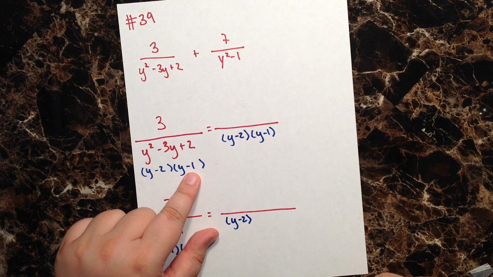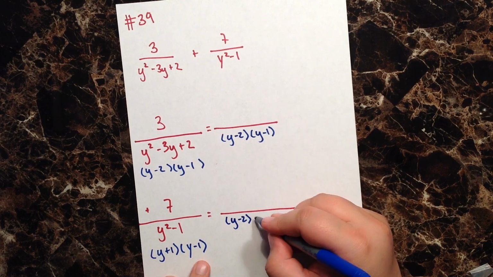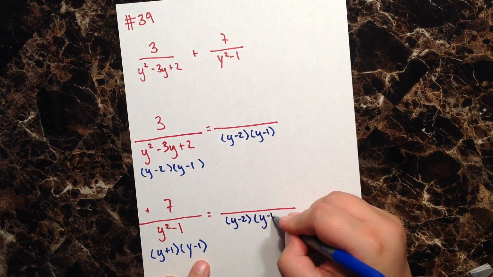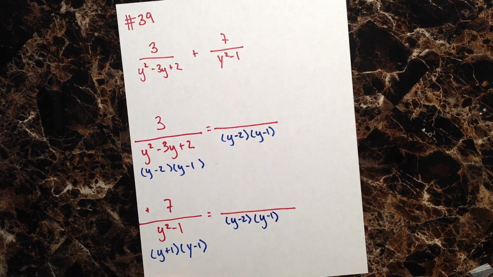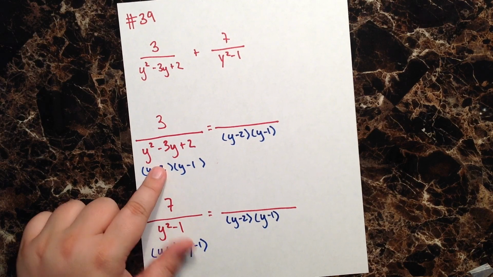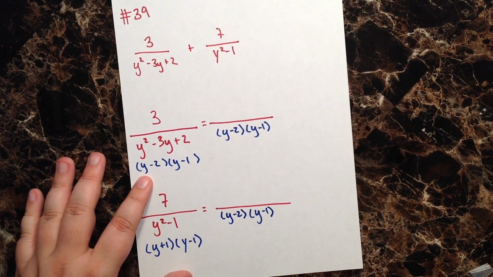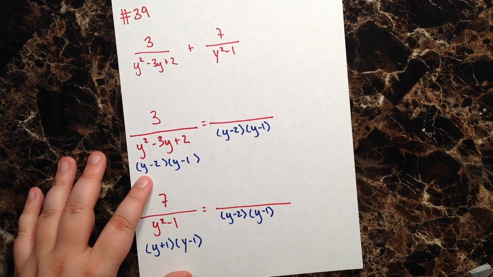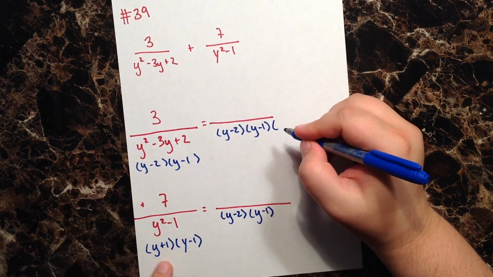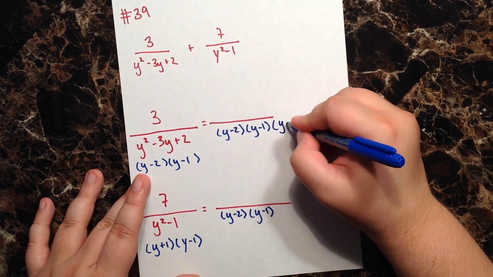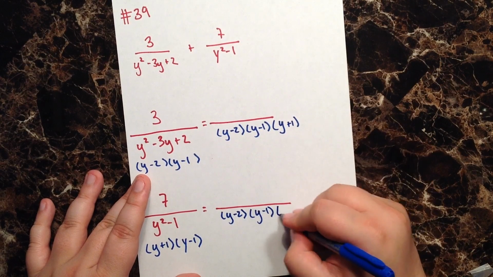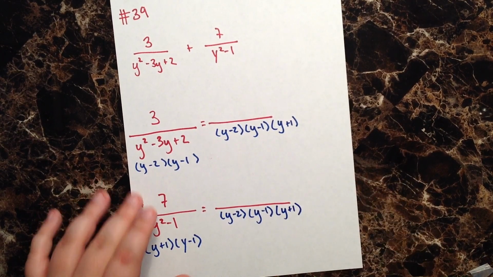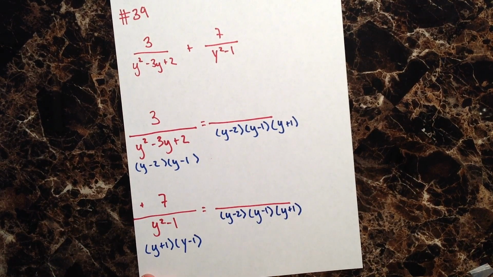I have a y minus 1 here, and I also have a y minus 1 here, so that checks out. That's good. But here I have a y plus 1, but no y plus 1 up here. But remember, we have to have each factor, if it's unique, no matter where it comes from. And so since it was down here, we have to include it as part of our common denominator. All right, and I think that is it.